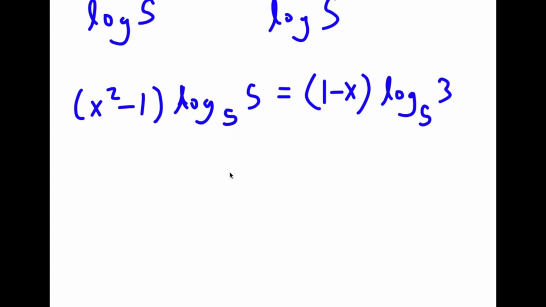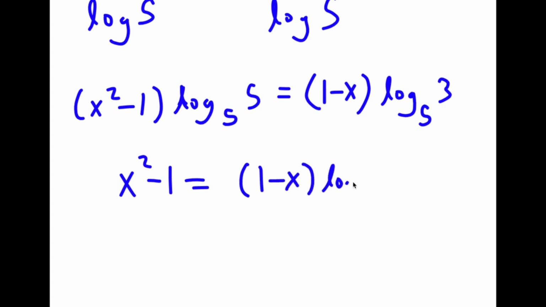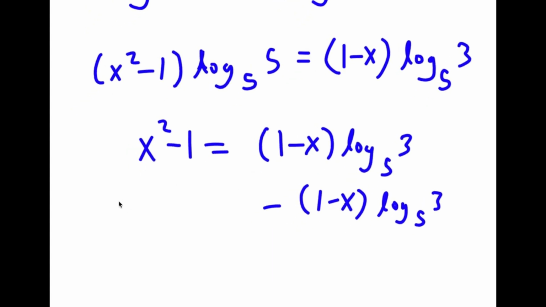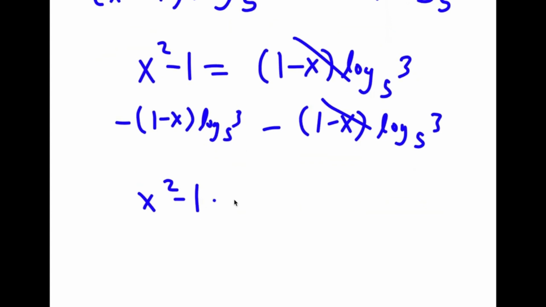Now log base 5 of 5, that's obviously equal to 1. So now I have x squared minus 1 is equal to 1 minus x times log base 5 of 3. And now if I subtract 1 minus x times log base 5 of 3 on both sides, these two cancel out, and I get x squared minus 1 minus 1 minus x times log base 5 of 3 is equal to 0.